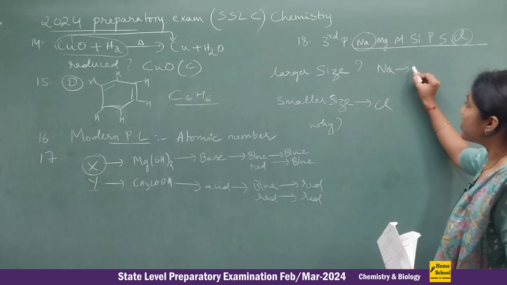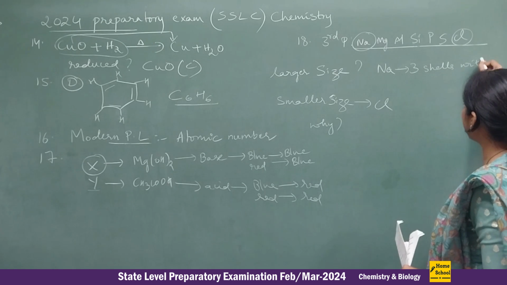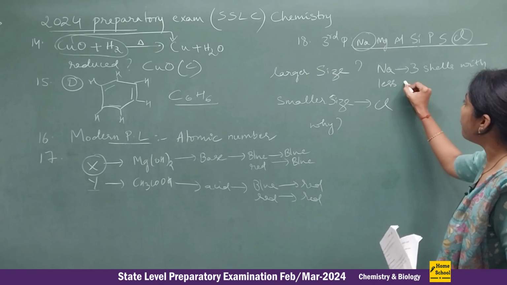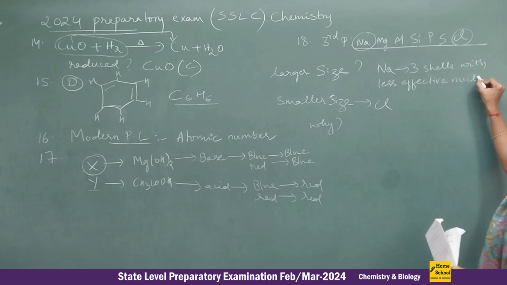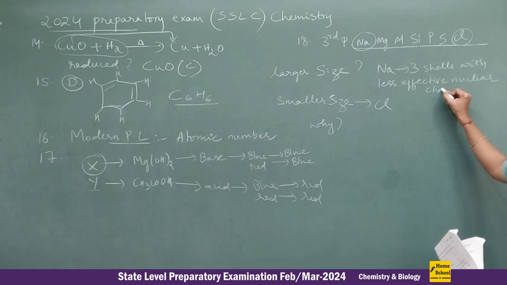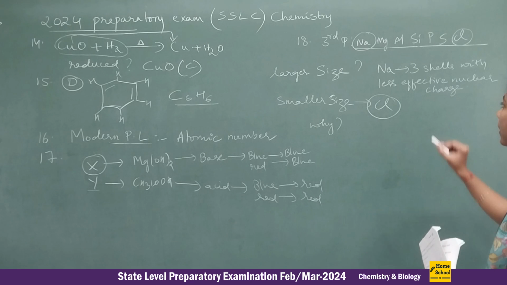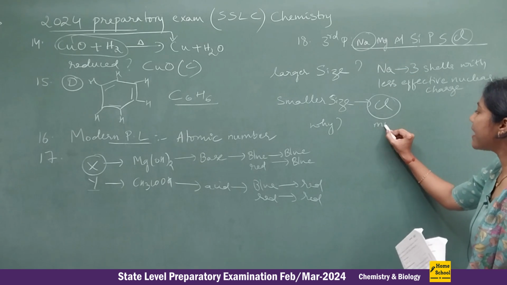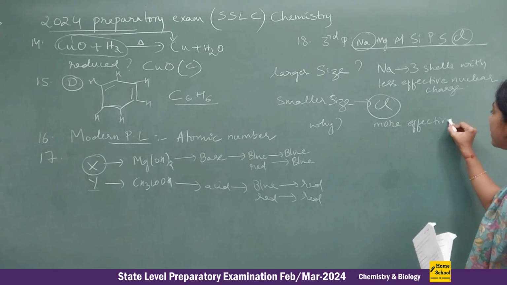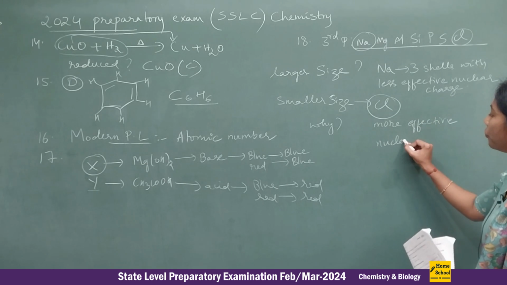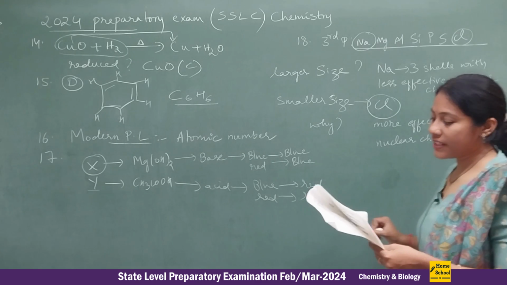Mention it this way: three shells with less effective nuclear charge. Now why is chlorine smaller compared to sodium? Because it has more effective nuclear charge. That's all about this question.